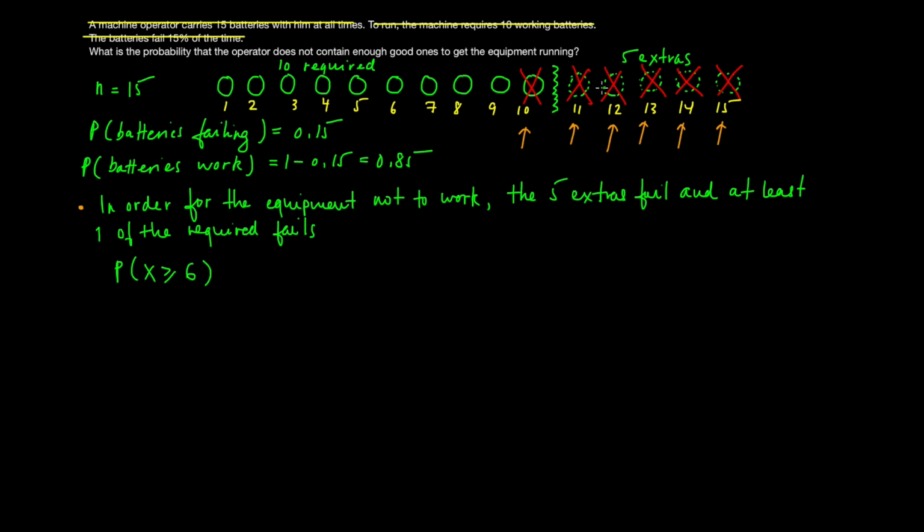Because you need for the 5 extras to fail and at least one of the required to fail. So that's greater than or equal to 1. Because if 1 fails, the equipment won't work. If 2 fail, the equipment won't work, and so on and so forth. But it could be more than 1 is what we're trying to say. So the 5 extra absolutely have to fail, and then in the required, at the very least, 1 has to fail. So that's a probability of x being greater than or equal to 6.